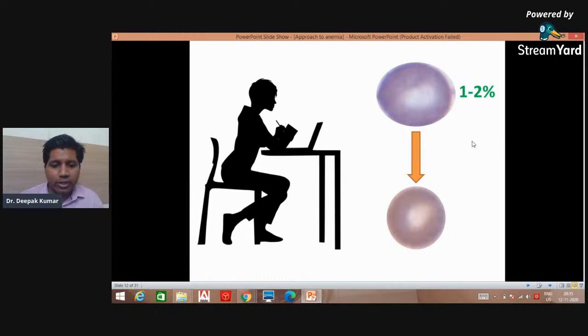The answer is that it is done by a pathologist looking through the microscope, trying to identify the number of reticulocytes in a slide full of red blood cells. So accounting for this aberration and individual-to-individual variability, the normal reticulocyte count can be taken as 1 to 2%. Here, I would like to stress something.